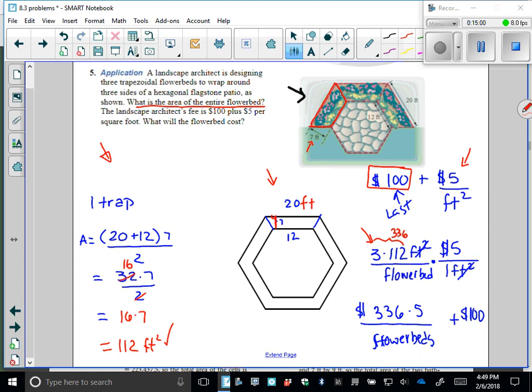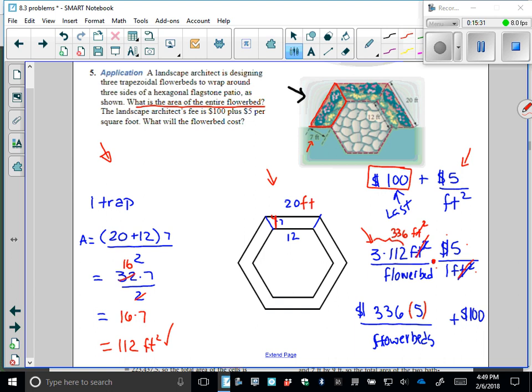So what we did here was we figured out if it's 336 square feet per flower bed and $5 per square foot of work, feet square cancels out. That's why those were canceled. And I just have dollars per flower bed. So if I multiply 336 times 5, that's going to be the cost of the dollars per flower bed.